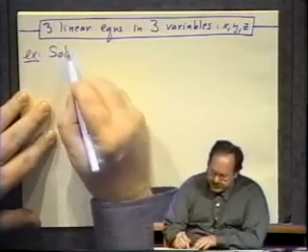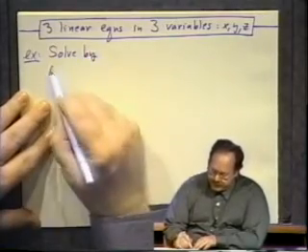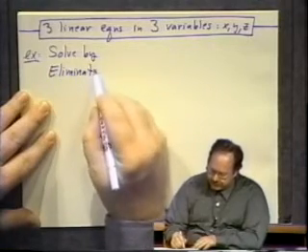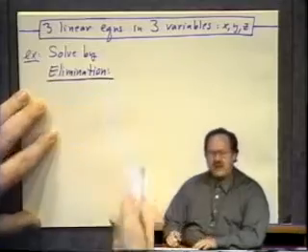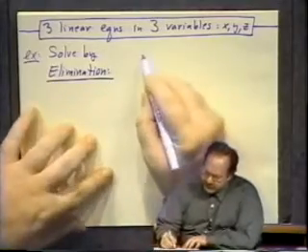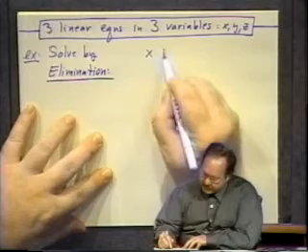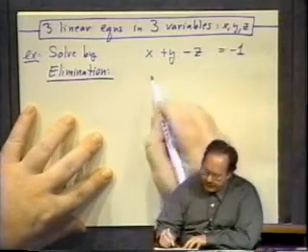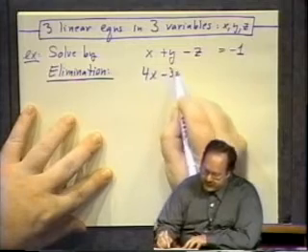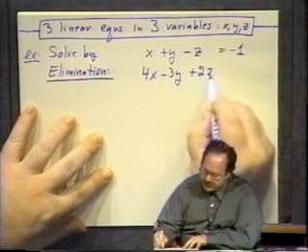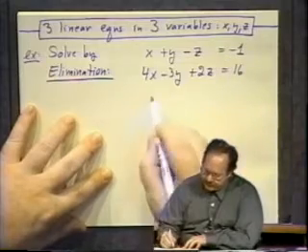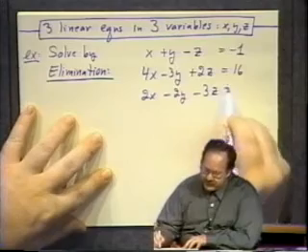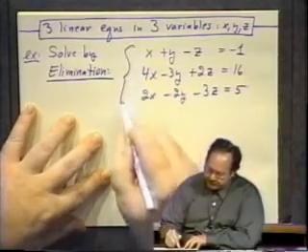Example, solve by elimination. And here's my system. x plus y minus z equals minus 1. 4x minus 3y plus 2z equals 16. 2x minus 2y minus 3z equals 5.